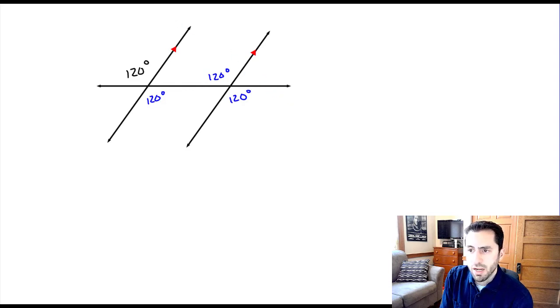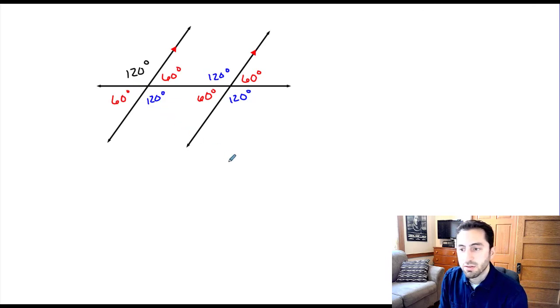And then for our other angles, I know that the consecutive interior are going to be supplements. So 180 minus 120, this angle has to be 60. Its alternate interior angle has to be 60. And then again, we have some options here. Maybe I'll use vertical angles, or we can use corresponding angles to say that those outside ones are also 60.